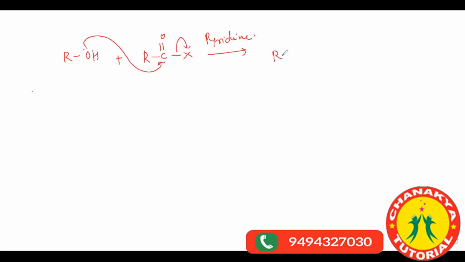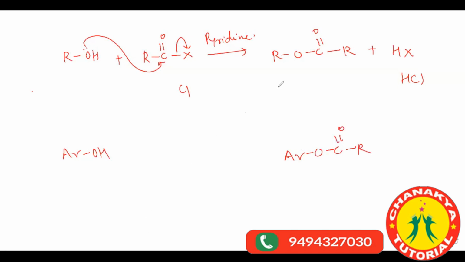You will get R, O, C double bond O, R, plus X removed. This H will form HX. Now, if it is Cl, you will get HCl, right? And if instead of R it is ArOH, your product would be ArO, C double bond O, R. That's it. This is also ester.